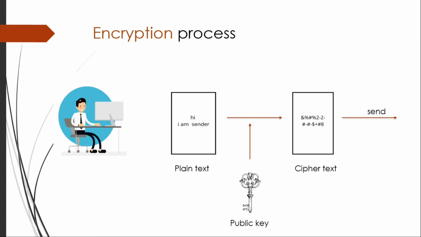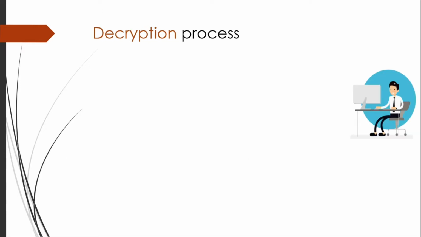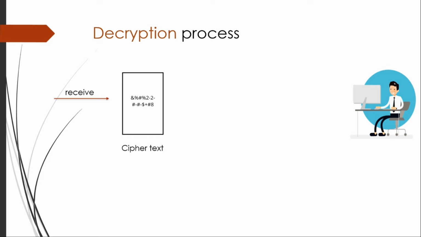If an attacker tries to access the data, he gets only the ciphertext. It is unreadable by a human or computer without decryption. At the receiver end, the receiver receives the data in the form of ciphertext, then decrypts using the private key.